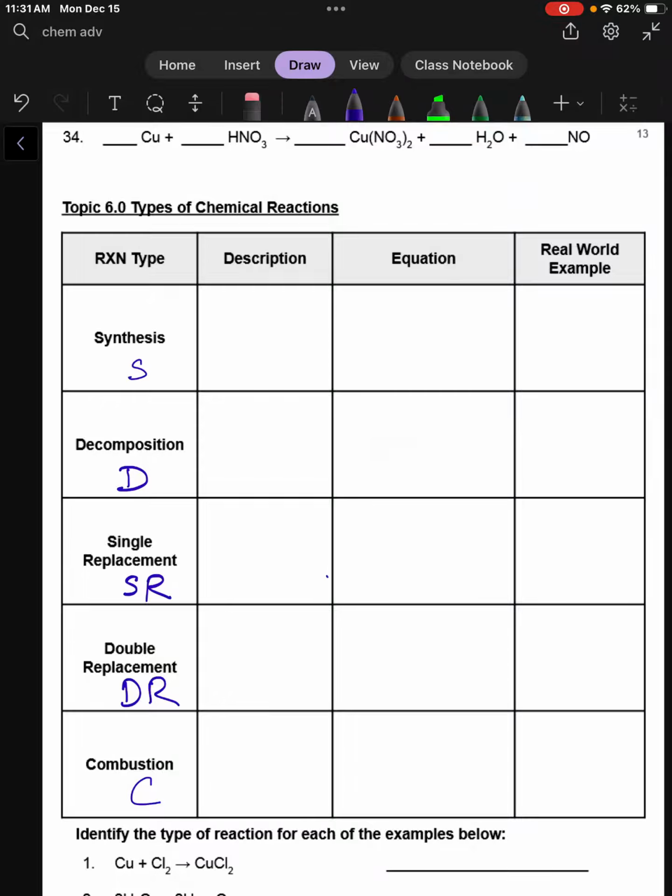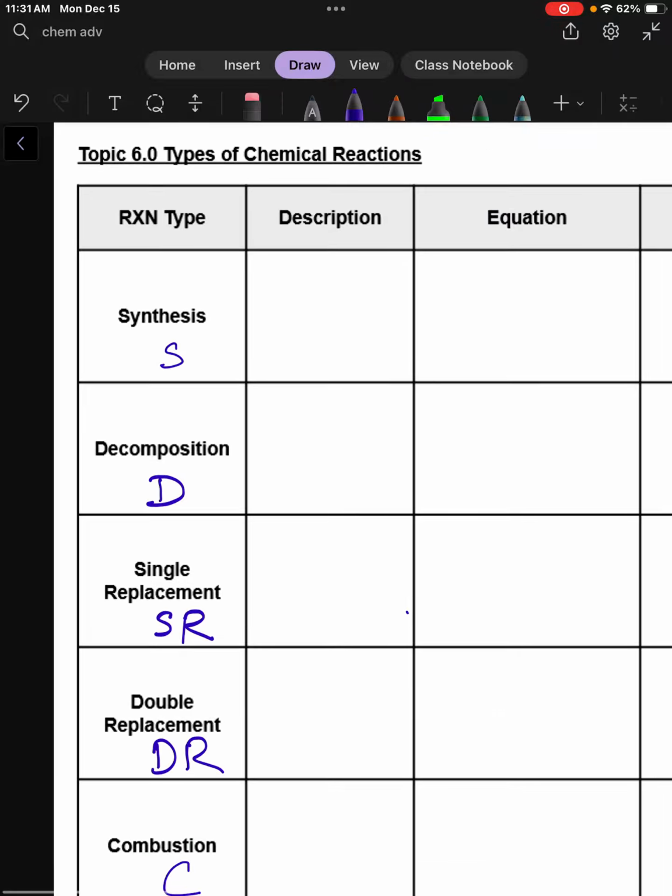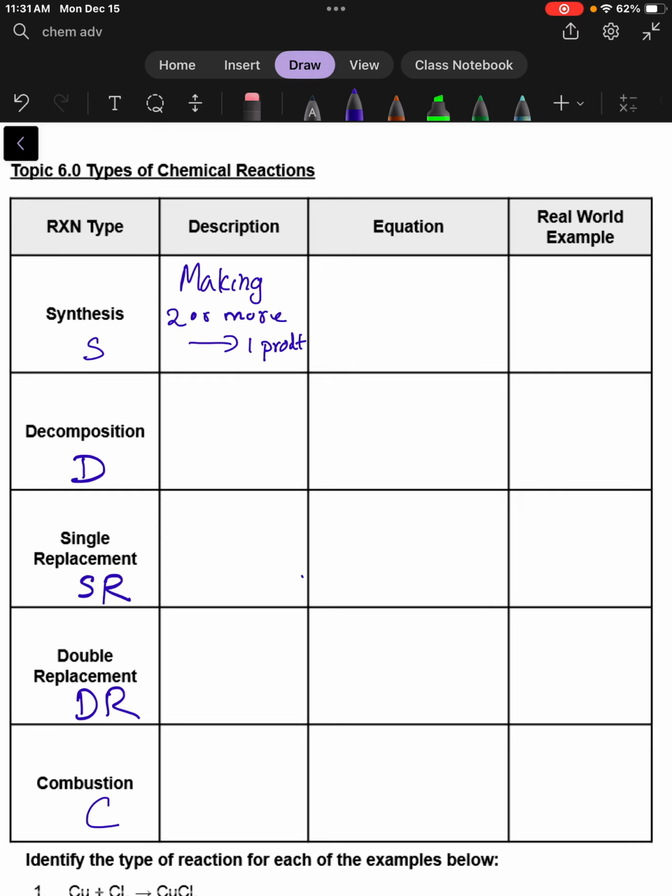Let's see the basic definitions. Synthesis means making something. That means you will start with 2 or more and you will end with one product. Example, A reacts with B to produce AB, or carbon reacts with oxygen, there are 2, and you will get carbon dioxide.